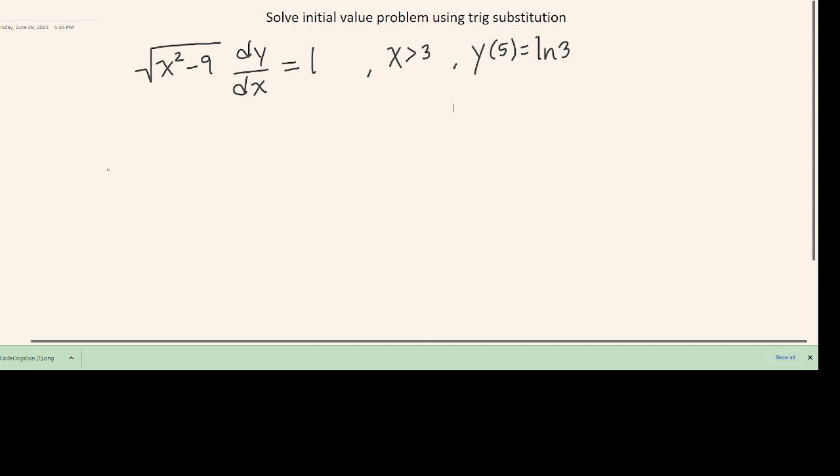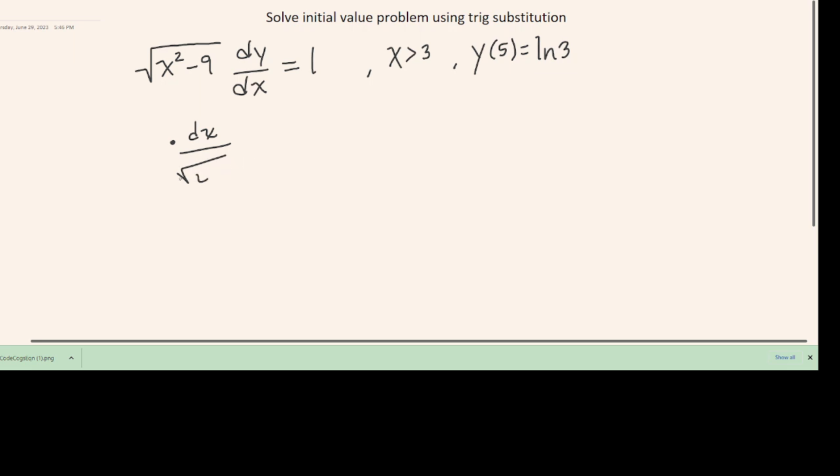So first things first, we've got to isolate the y and x terms to either side of the equation so that we can integrate both sides. So let's multiply by dx over the square root of x squared minus 9.